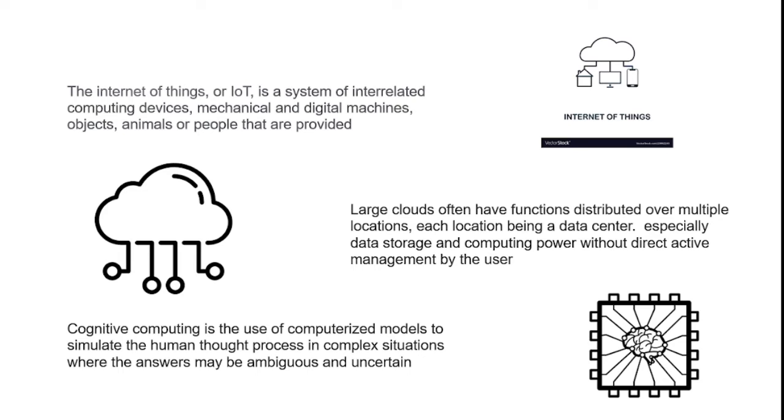For that reason the scientists invented cloud computing, which means large clouds often have functions distributed over multiple locations, like our monsoon clouds. In the same way, we can store the data with respect to the location of every cloud. From this we can also recollect the data from various locations, especially data storage and computing power without direct active management by the user.